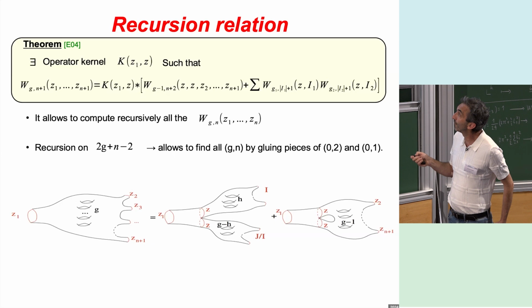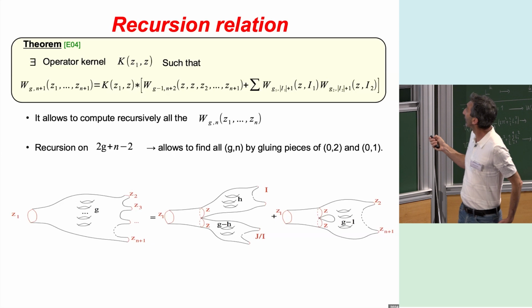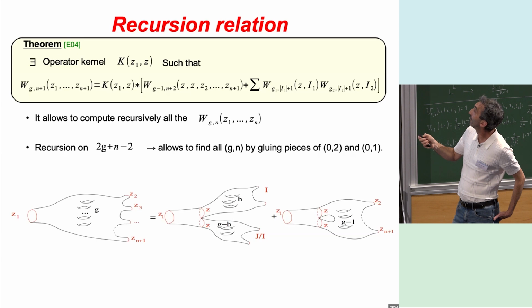The formula tells you that you have to compute W_{g-1,n+2}: genus g minus 1, and n plus 2 boundaries, so n minus 1 here, plus 2 at which you put variable z and z. And you multiply by K, which depends only on z1 and z.